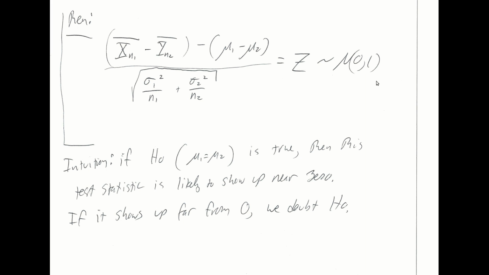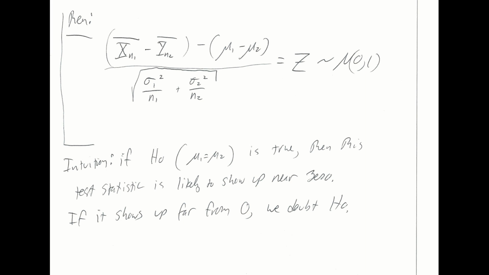So we know how to compute probabilities for standard normals. If this whole thing is a standard normal, we can compute the probability of it showing up in different regions. And that's what's going to allow us to compute things like p-values here.